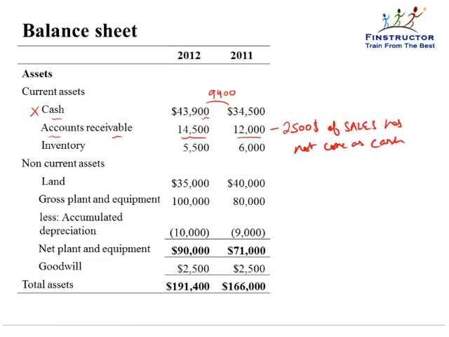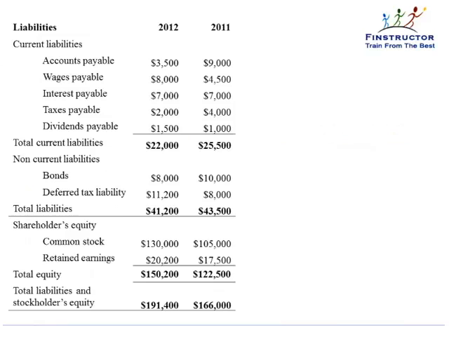Let's see if there's anything else that impacts the cash received from customers. Inventory doesn't change that. Non-current assets will mainly affect investing activity. And on the liability side, accounts payable, wages payable are all expense accounts. Bonds, equity will affect cash flow from financing. So I think we've understood that the cash received from customers was to the tune of $52,500.